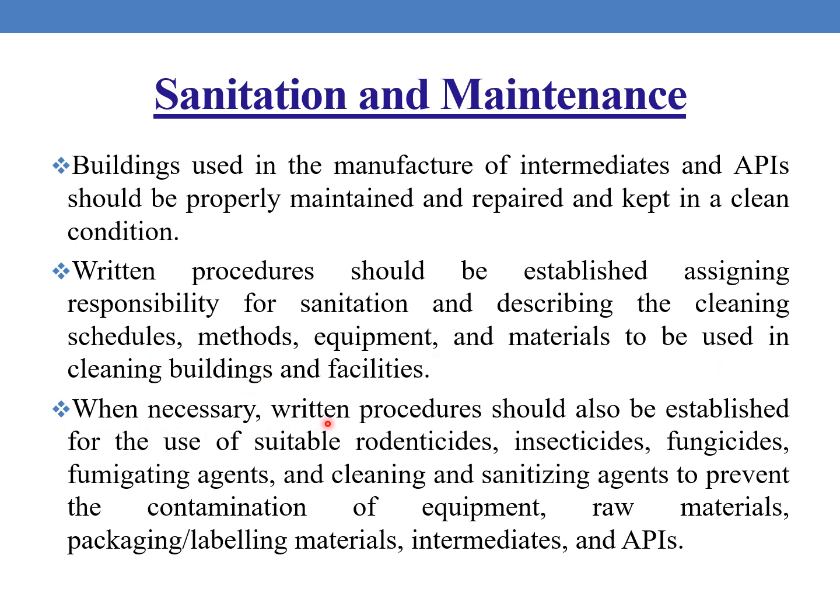When necessary, written procedures should also be established for the use of suitable rodenticides, insecticides, fungicides, fumigating agents, and cleaning and sanitizing agents to prevent the contamination of equipment, raw material, packaging, labeling material, intermediates and API.